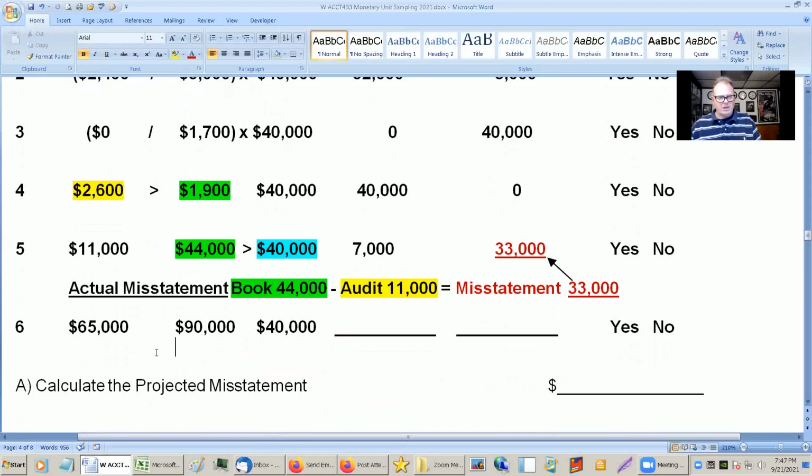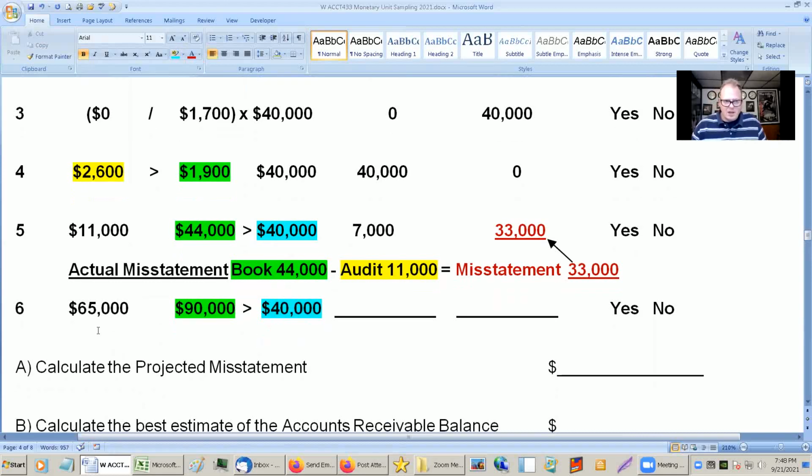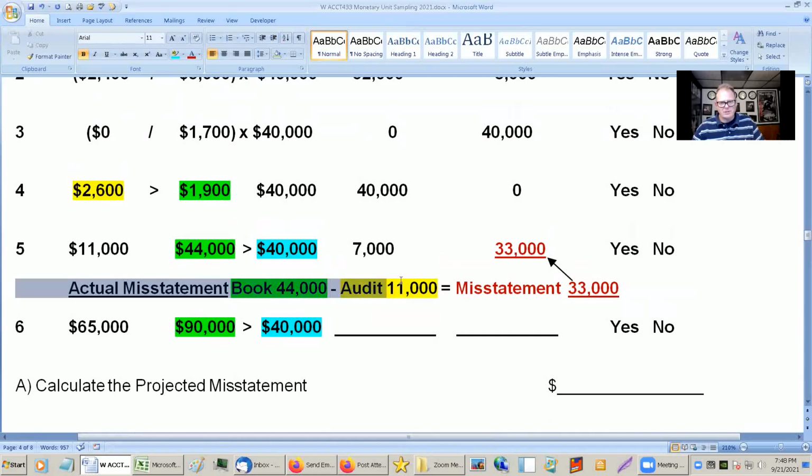Coming down here, same thing. You'll notice that this one is larger. This one definitely covered more than one interval. It may have covered 3 intervals, but definitely more than one. And you're going to do the same thing we did here: you do the actual misstatement.